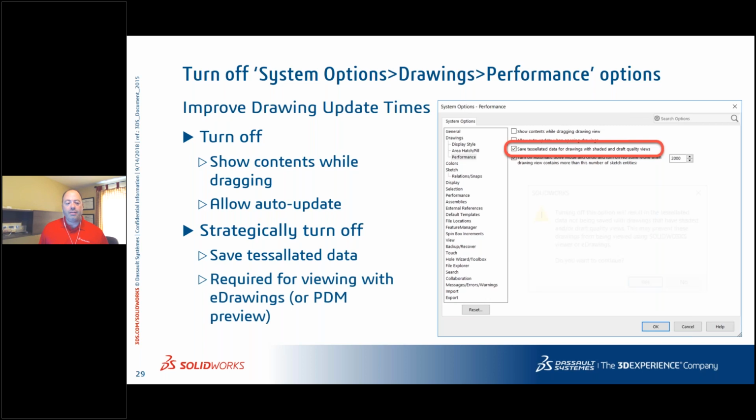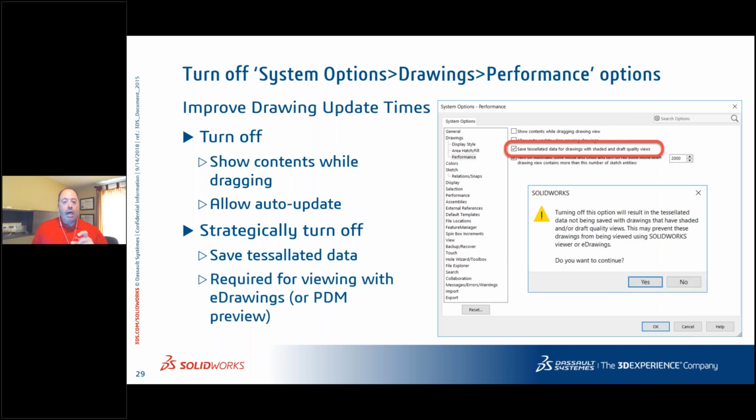It is because if you're planning on viewing the SOLIDWORKS drawings with eDrawings, you use eDrawings as a viewer, or if you have PDM, you do have the viewer on the bottom half of the window, it does need tessellated data to show drawing information using eDrawings.